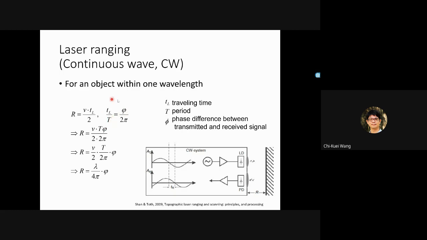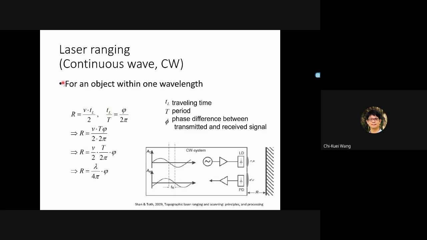So then there's this equation. Because we send out a sine wave, which has a period of T, it will experience 2 pi phase. Because we can measure the phase difference phi, we should be able to know how much time it has experienced.